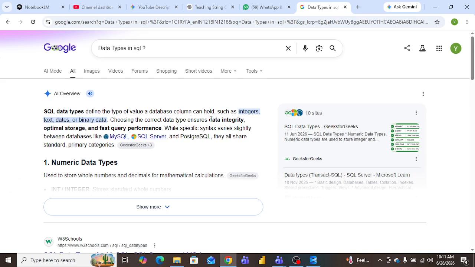What is the meaning of data integrity? Any idea? Data integrity helps us ensure performance and that correct data comes in the correct data types.